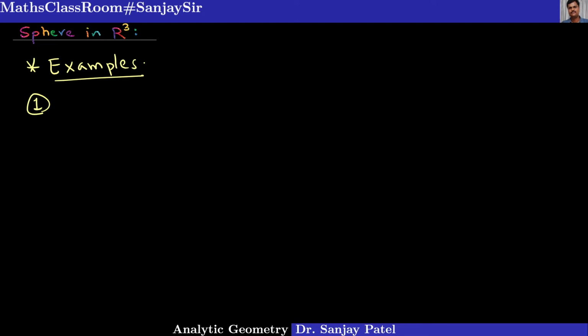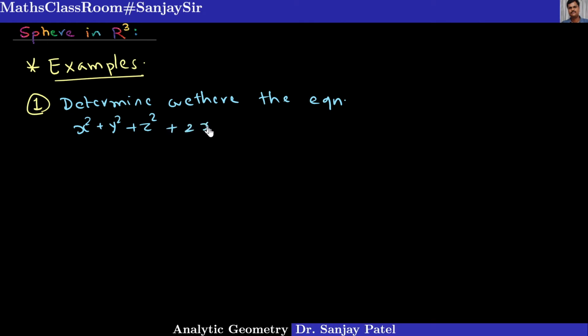Determine whether the equation x square plus y square plus z square plus 2x plus 4y plus 6z minus 11 equal to 0 represents a sphere or not.